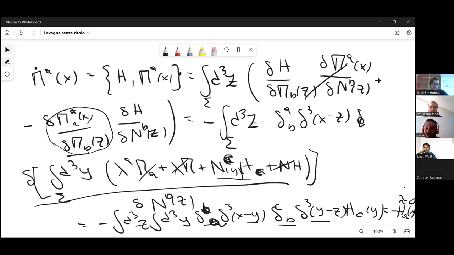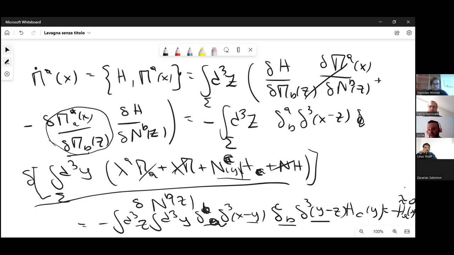And so this is again a constraint, this H_A, and it's called a secondary constraint. And this one, H_A, as I told you before, is called the diffeomorphism constraint.